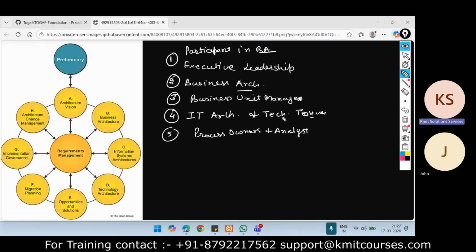They are the ones who tell you how we can improve the business processes, or what the current business processes are. They talk about the document workflow and performance metrics. They need to identify the efficiency and the automation, right? So they are the process owners and the analysts.